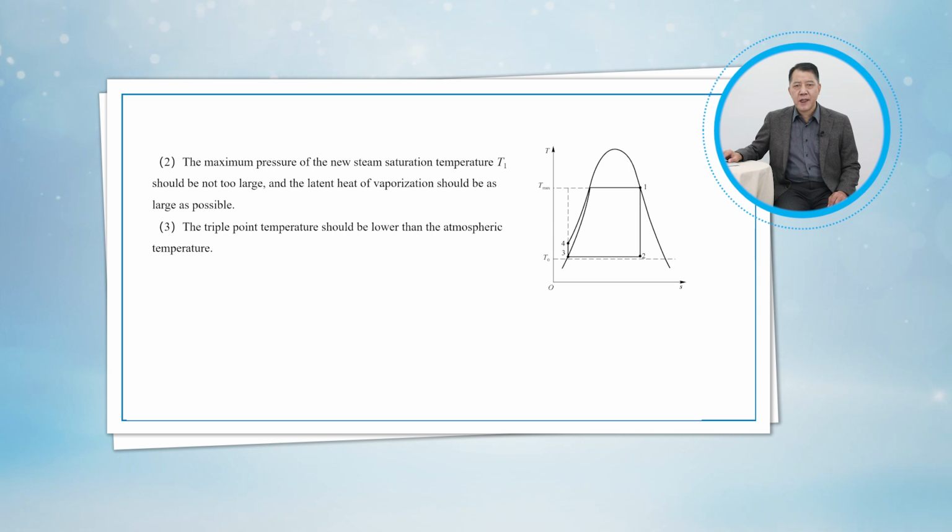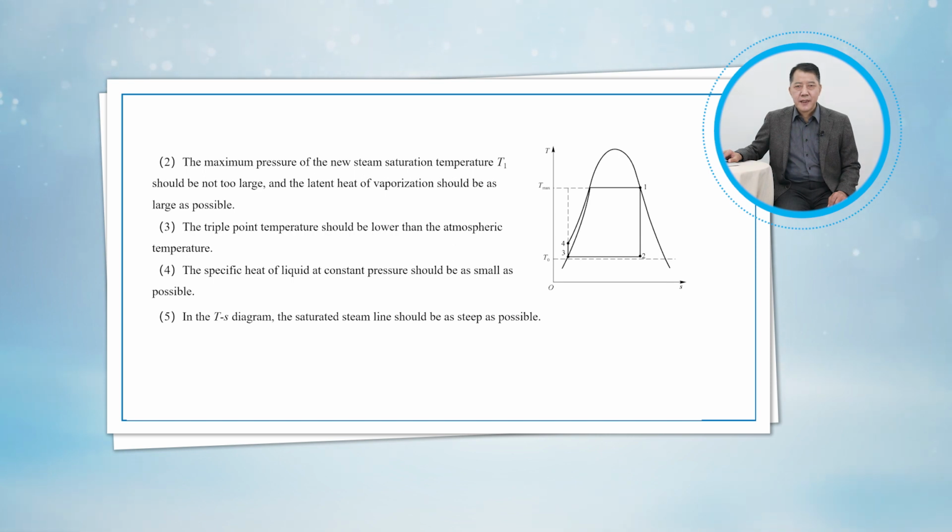The triple point temperature should be lower than the atmospheric temperature. 4. The specific heat of liquid at constant pressure should be as small as possible.